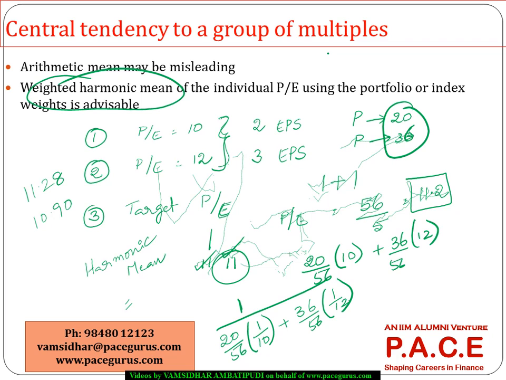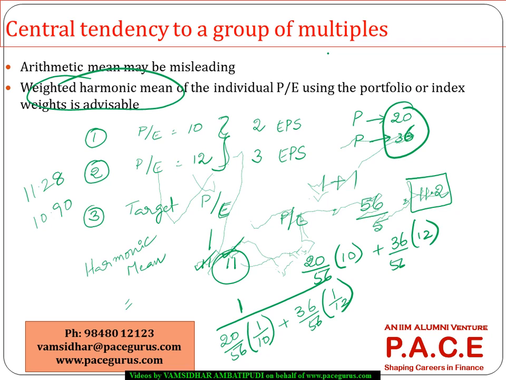Rather, take the prices of each one by multiplying the P/E with the corresponding EPS, add up all the prices, and divide by the total earnings per share, which will give me the overall P/E ratio in the netted context.